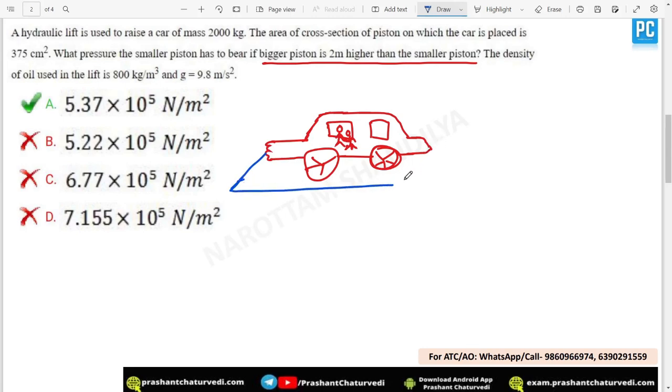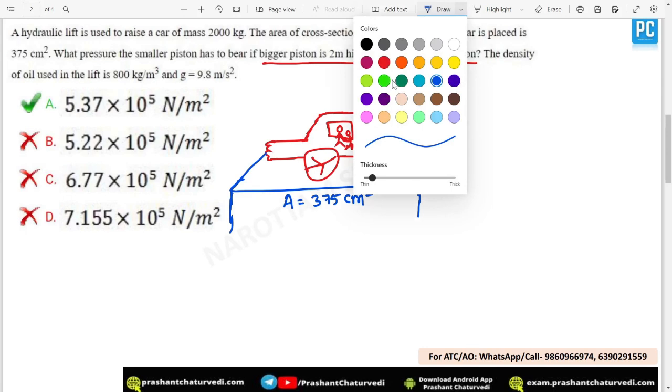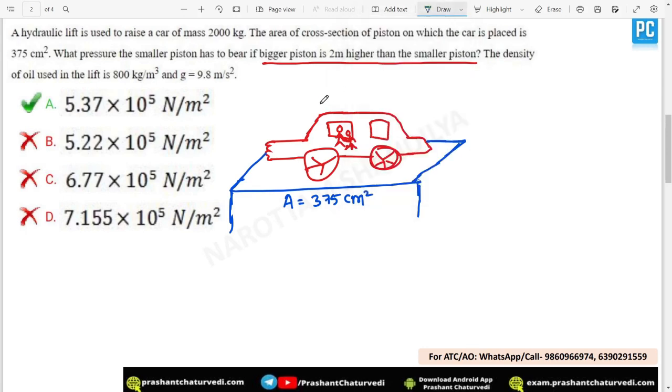Suppose this piston is there, and this piston has an area of 375 centimeter square, and very importantly, the mass has been given as 2000 kgs.